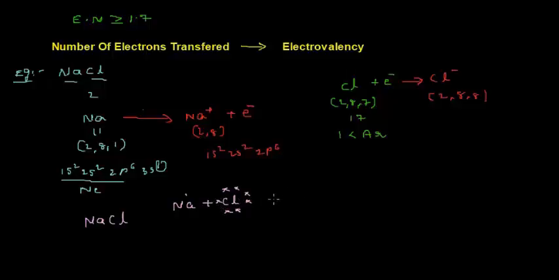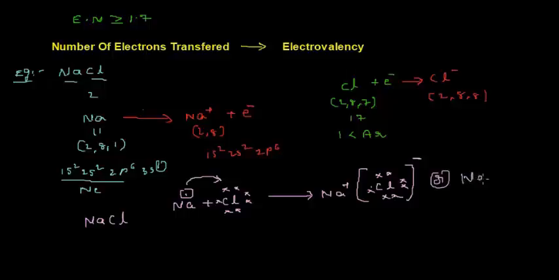Now, the one electron which is there on sodium is readily given to chlorine, forming sodium plus and chloride minus ion. Or I can write as Na plus Cl minus put together. Na plus Cl minus. So this is NaCl.